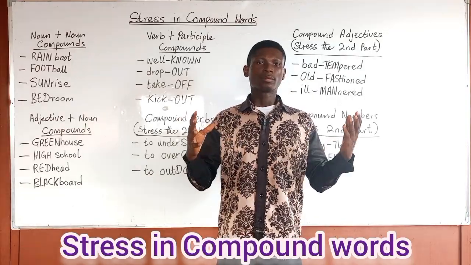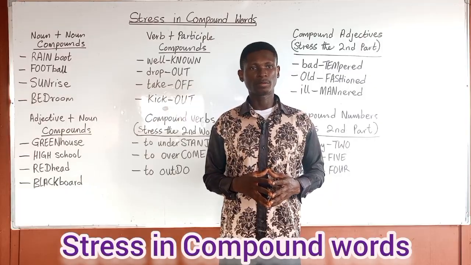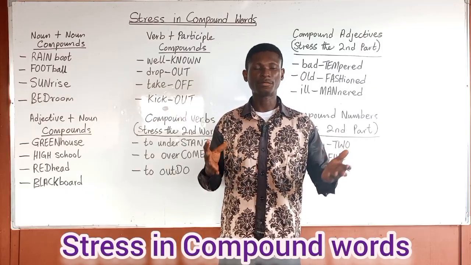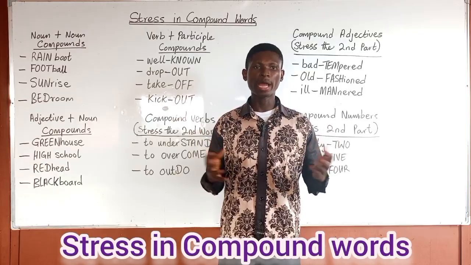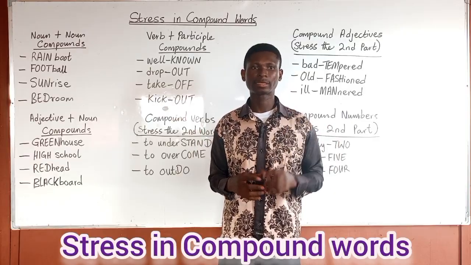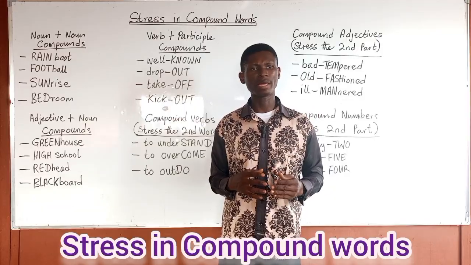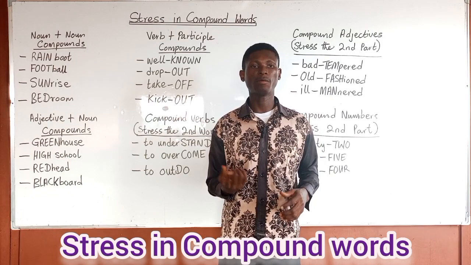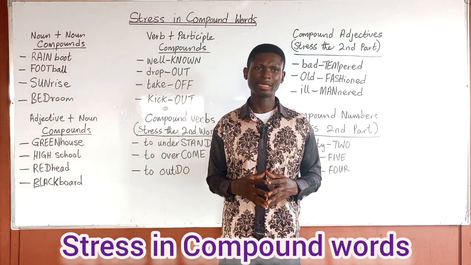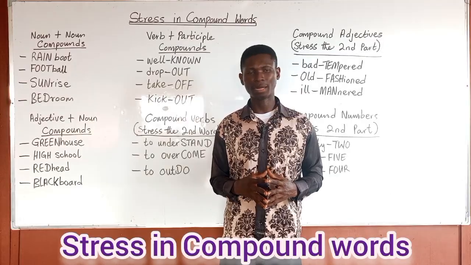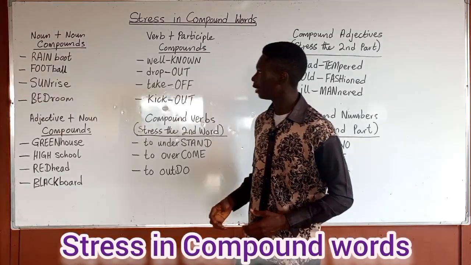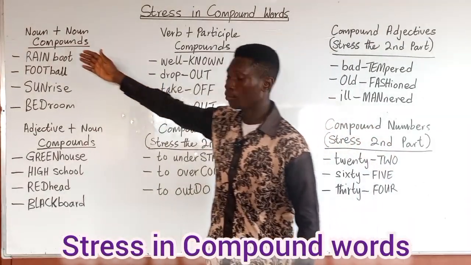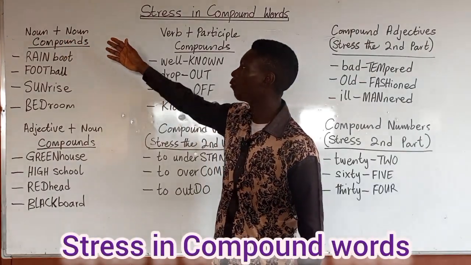So when words are formed through the combination of different words, where do we place the stress? That is, which word do we lay emphasis on? Is it the first word or the second word? That is what we want to consider in this lesson. So I implore you to pay apt attention. Let's get into it.